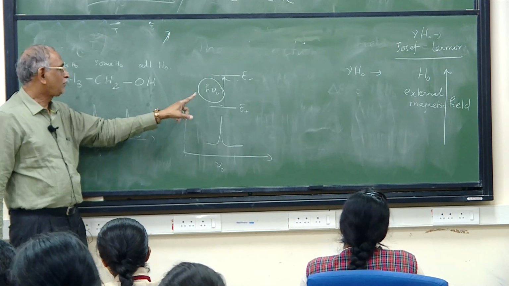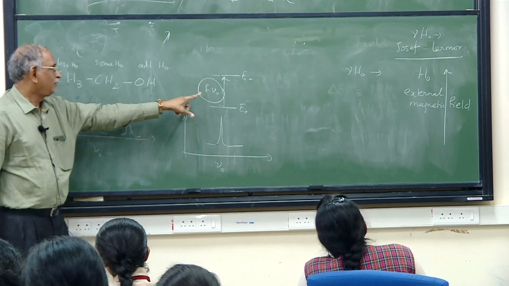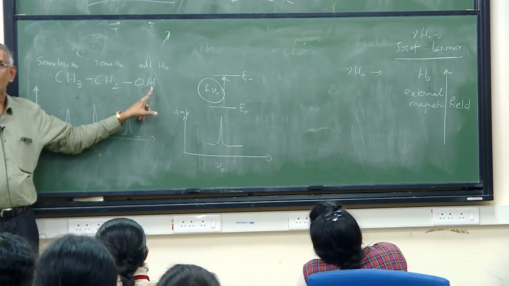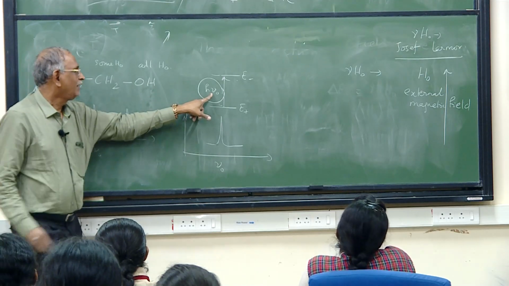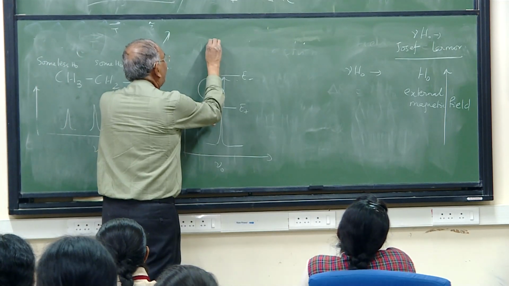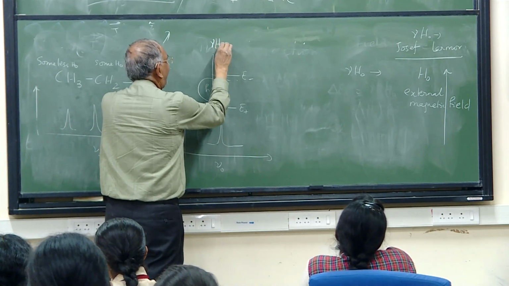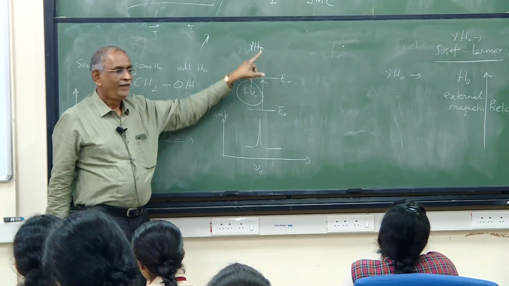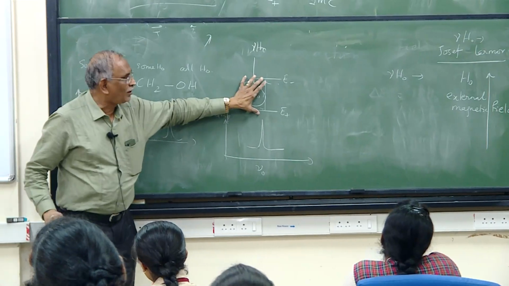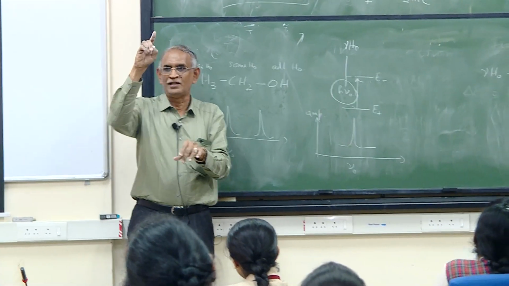If this frequency matches this hydrogen, then only this hydrogen will absorb. But the nu naught is due to gamma H naught, the magnetic field. Therefore, you keep the frequency constant, but slowly change the magnetic field.